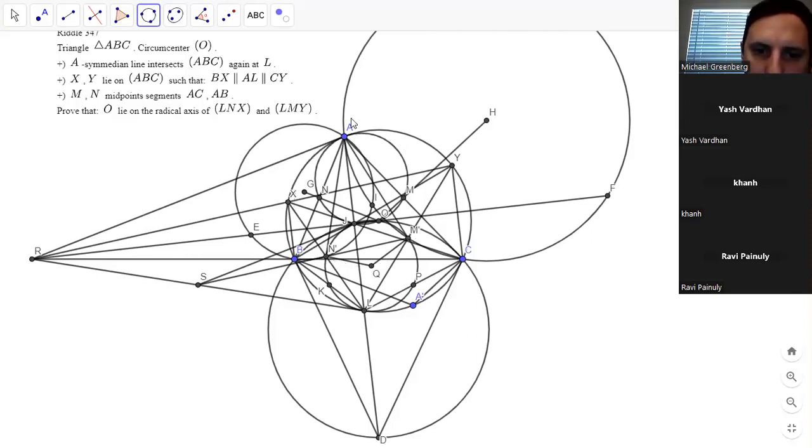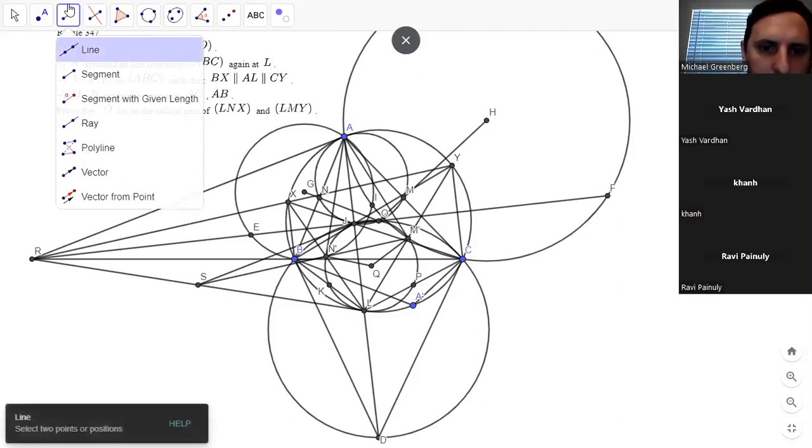These are both tangents. Wait, what am I doing here? So J, N', L, M' should be harmonic, right? Those should both be tangents, right? Am I missing something?